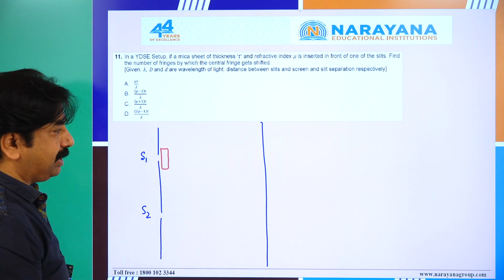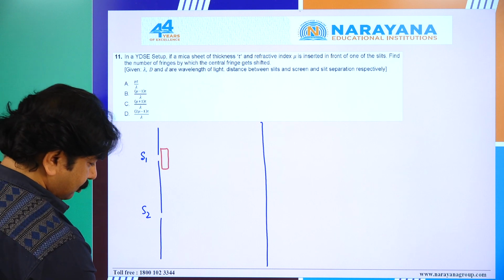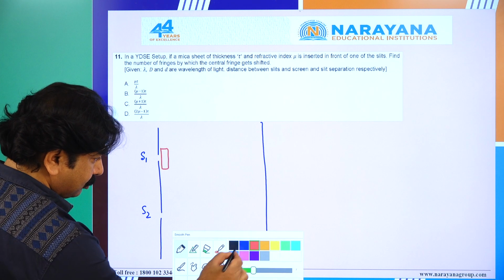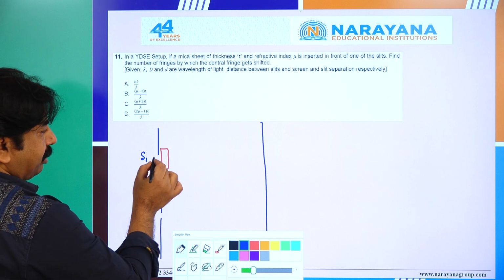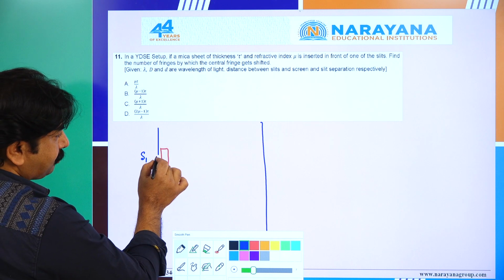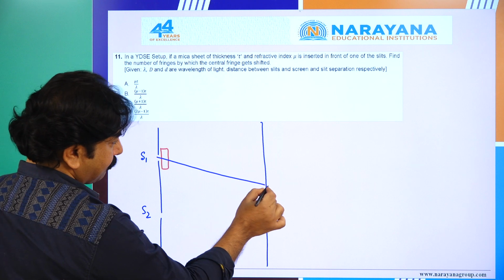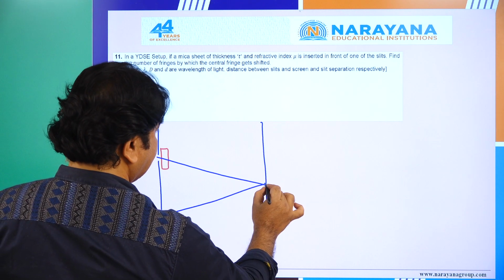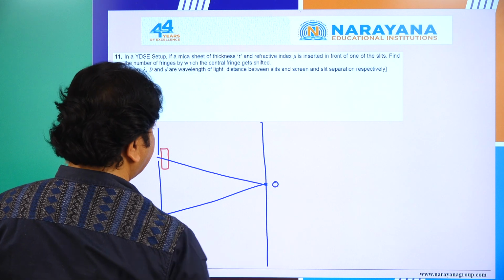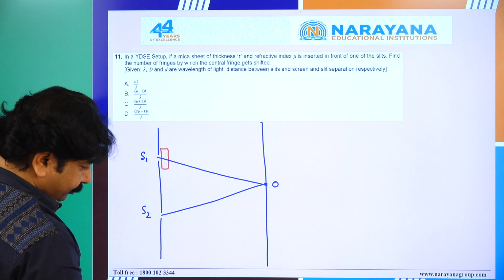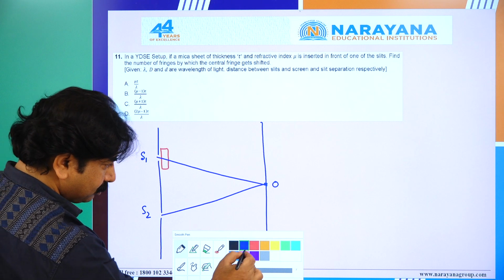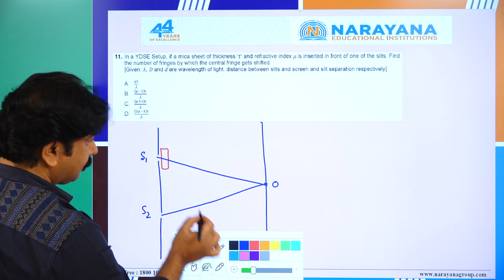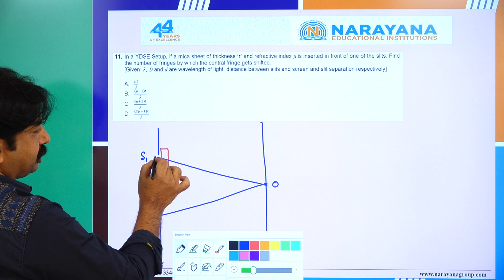The mica sheet is placed on one of the slits. Without mica sheet, after the mica sheet.